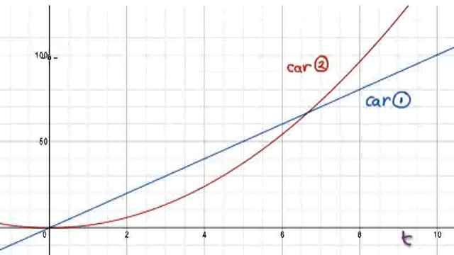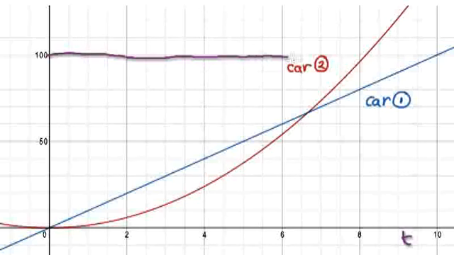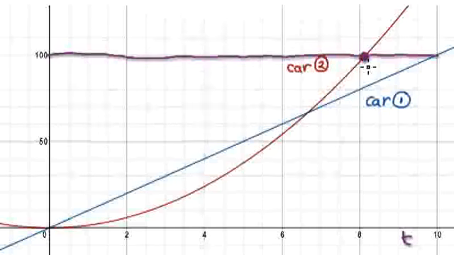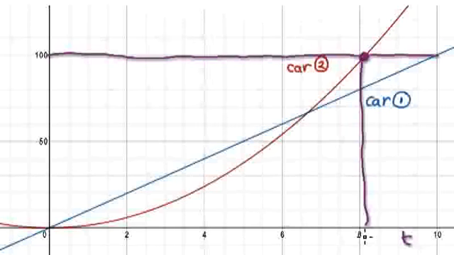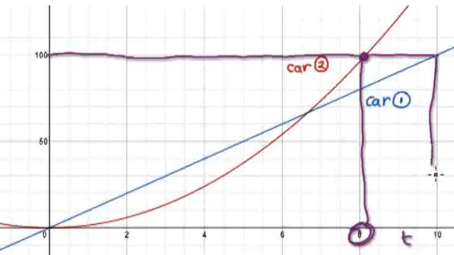You see, car 2 will hit the 100 mark before car 1. Car 2 did it in about 8 seconds something, whereas car 1 did it in 10.